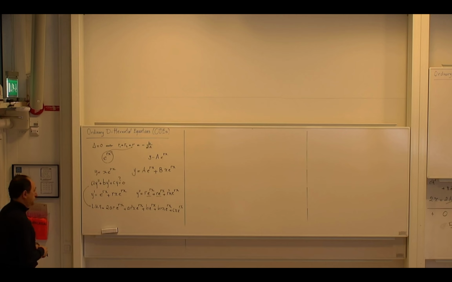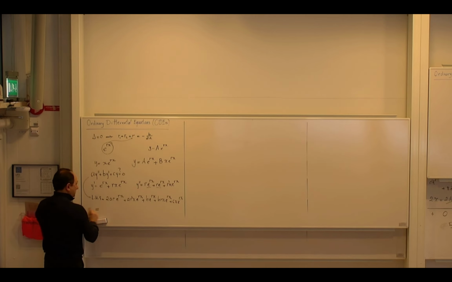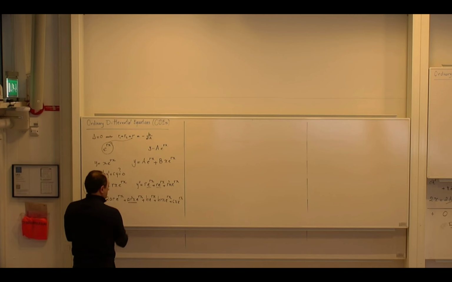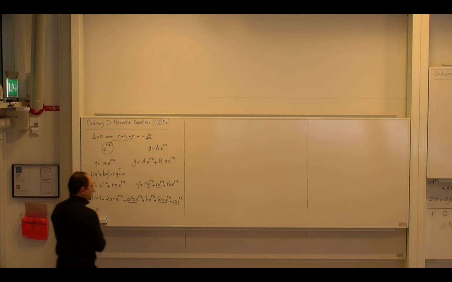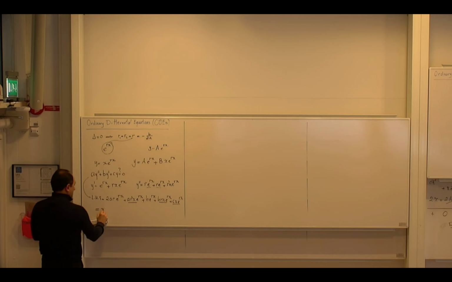It seems right, yes? But now what I can factor out between this one and this one and this one, I can factor x and e to power rx out. From here, ar squared is left.